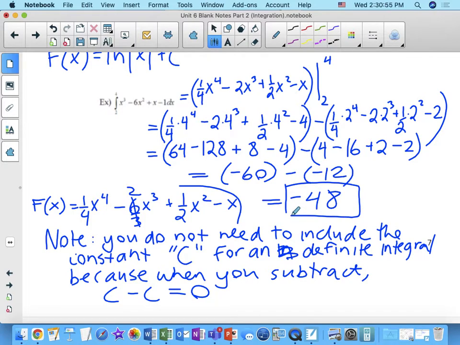Now one thing I should mention. I keep talking about area, so what was our answer here? Negative. Here's the deal. Area is a visual representation of multiplication.